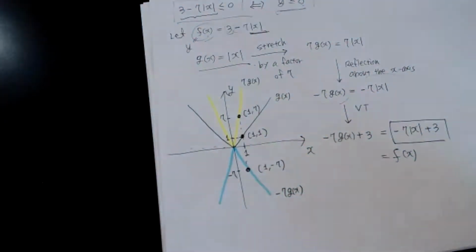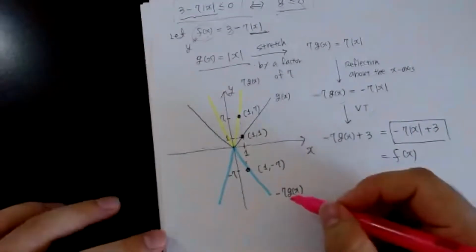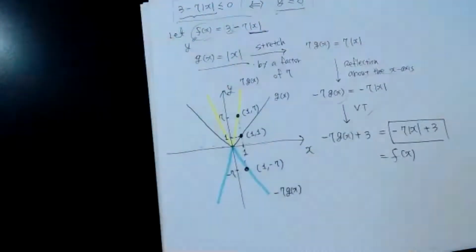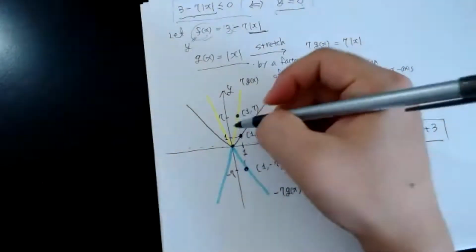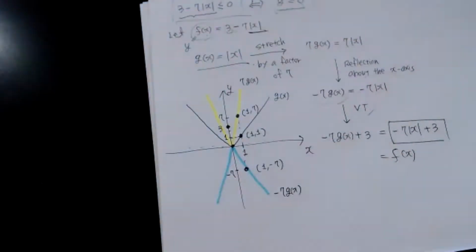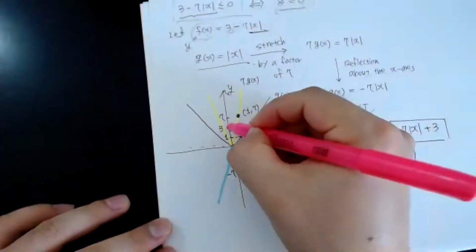And then the vertical translation. We're going to move the graph of -7 times g of x upward 3 units. So the point moves upward 3 units, 1, 2, 3, right there. So we're going to get this.